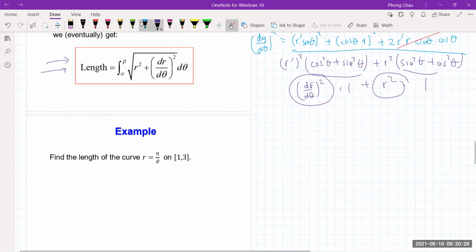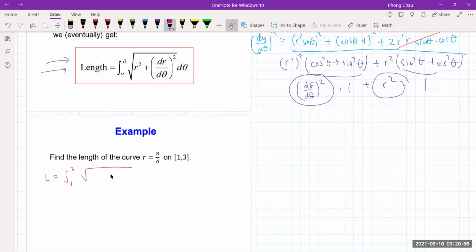Okay, so again, all the setup is very straightforward, right? So the arc length will be the integral from 1 to 3 of the square root of r squared, right?